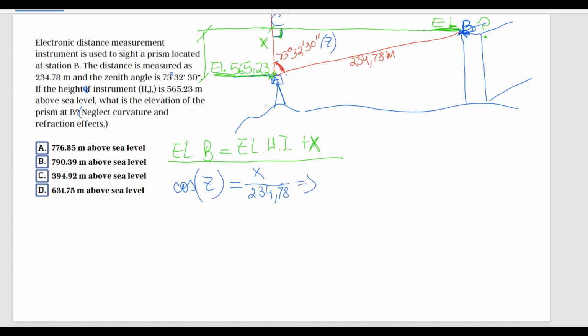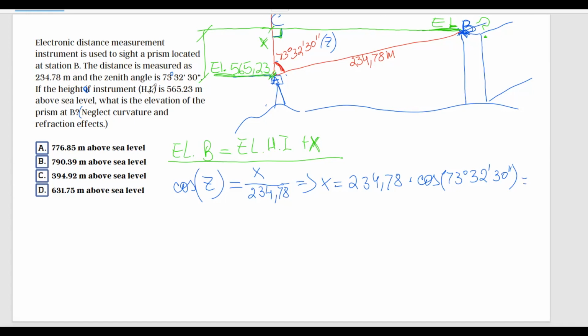And from this equation, I can calculate x equals 234.78 multiplied by cosine of z, which is 73 degrees, 32 minutes, and 30 seconds.